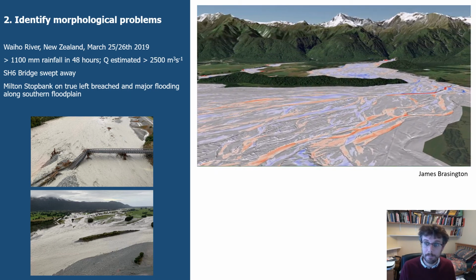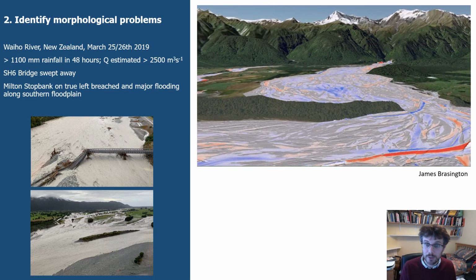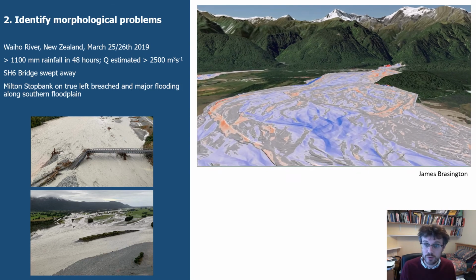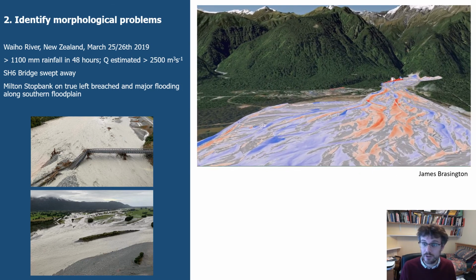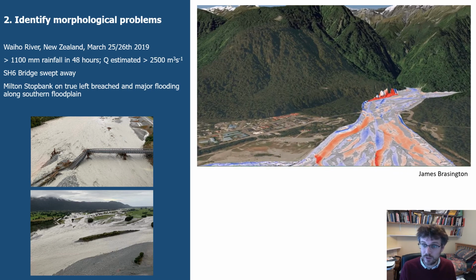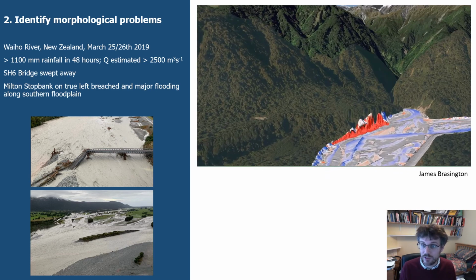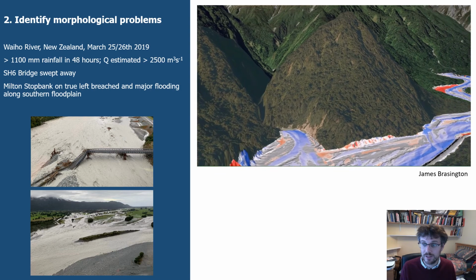And this pre and post-event analysis can be used to identify overall zones of deposition, such as where we're just going through now, and areas of net erosion, for example, on the banks of the valley sides that we're just seeing on the left-hand side here.